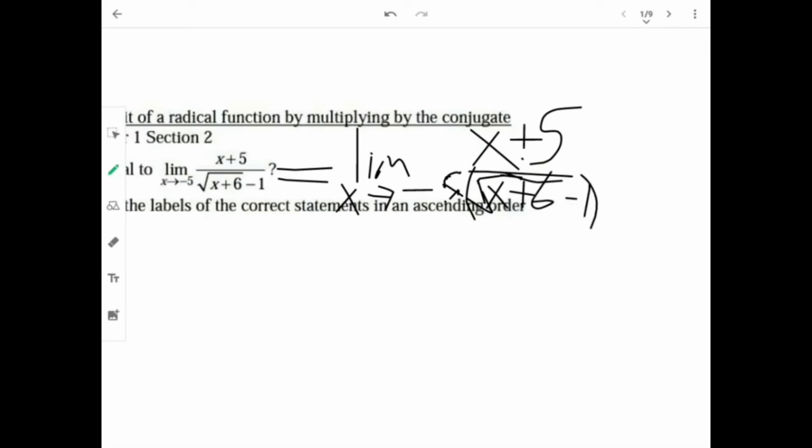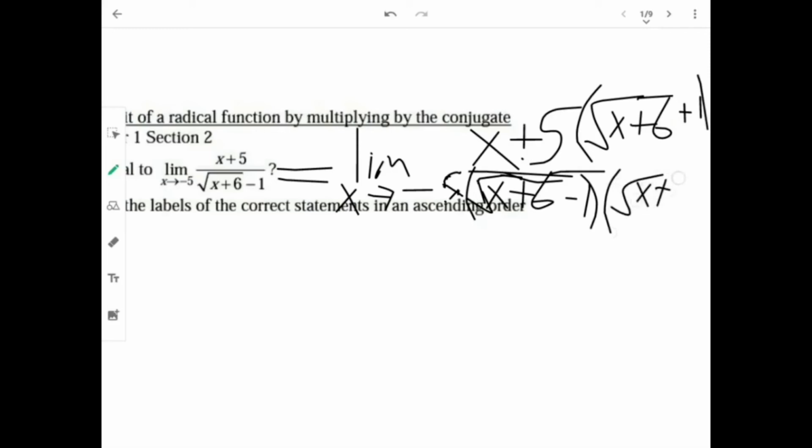So to get rid of this root radical, so you can start simplifying, you have to multiply by its conjugate, like the one we saw in the last question, which was 1 plus cosine x, and multiply by root x plus 6 plus 1. So it ends up simplifying quite nicely.